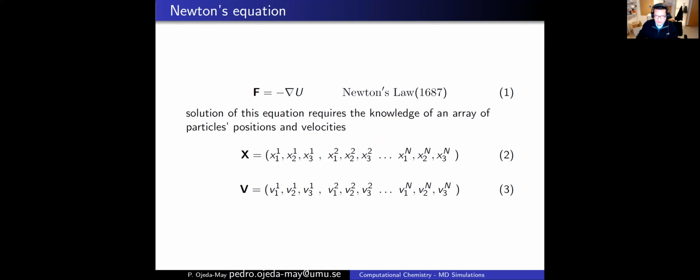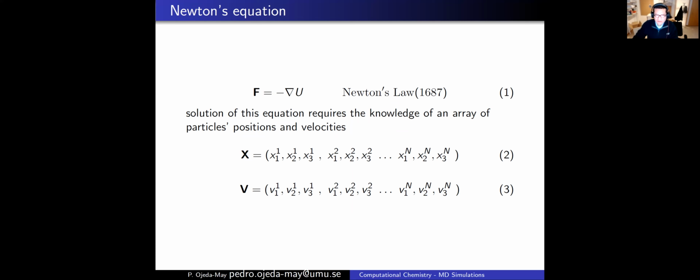So with Newton's law, we have this equation: the force is equal to minus the gradient of some energy function, which is also called the Hamiltonian, right? So in order to solve this equation, because it is a second order derivative equation, we need two conditions.